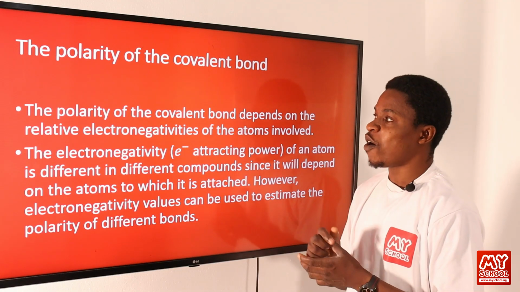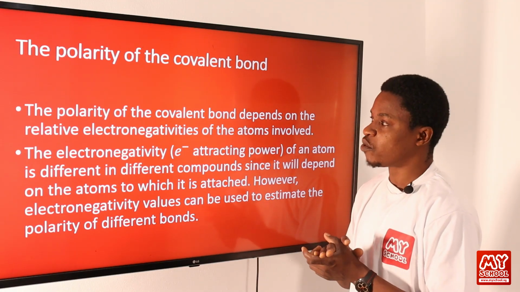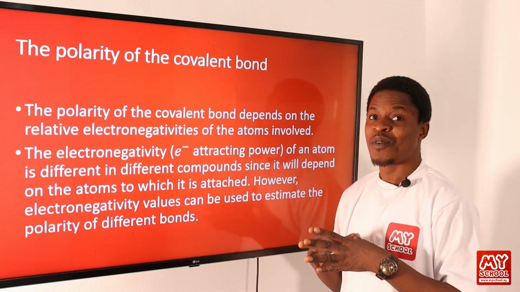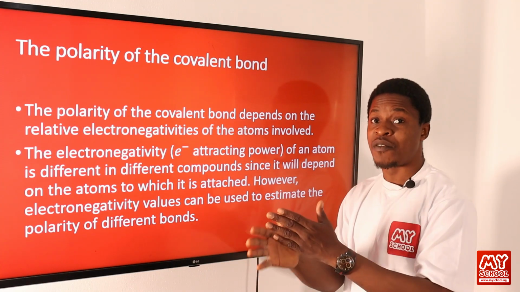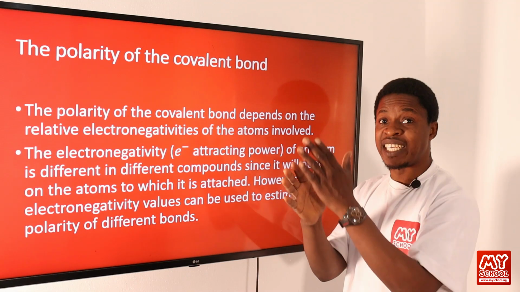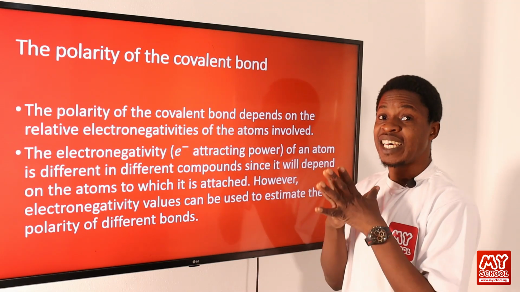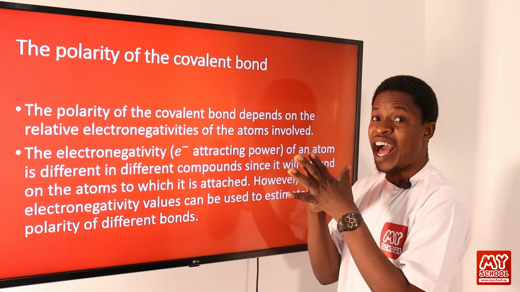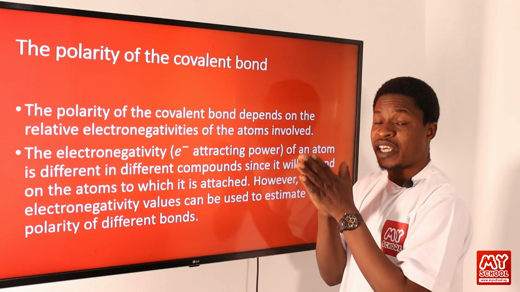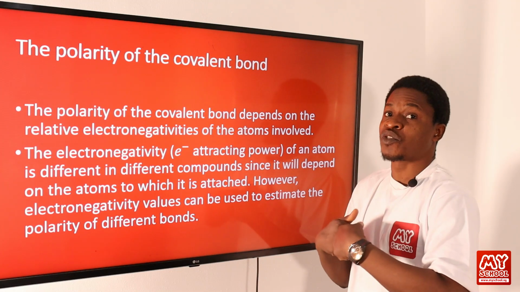The polarity of the covalent bond depends on the relative electronegativities of the atoms involved. You will recall that when we were talking about the trends of the properties of elements in groups and periods in the periodic table, we talked about electronegativity as the ability of an atom in a compound to attract electrons to itself.